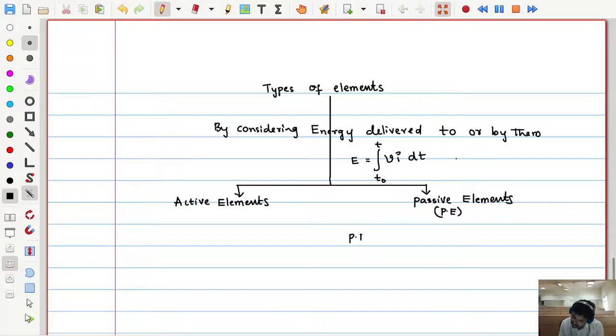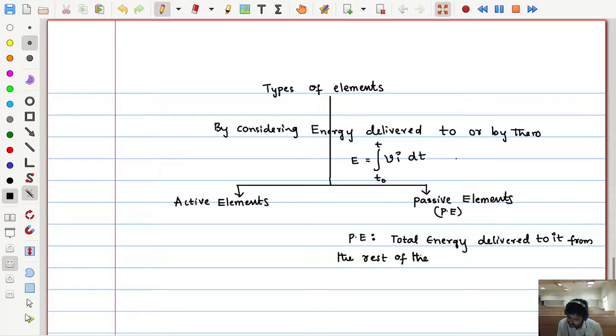An element is said to be passive if the total energy delivered to it from the rest of the circuit is always positive.